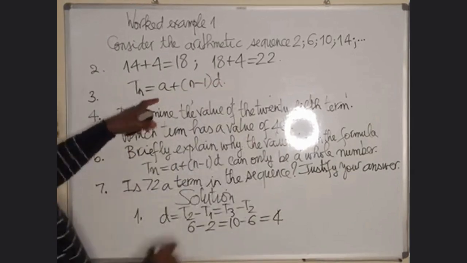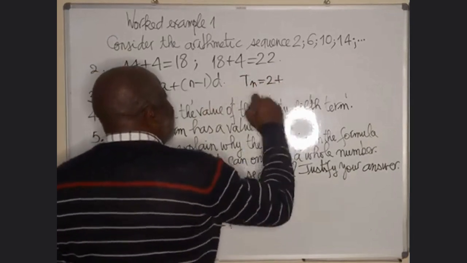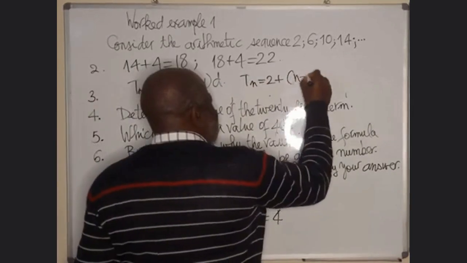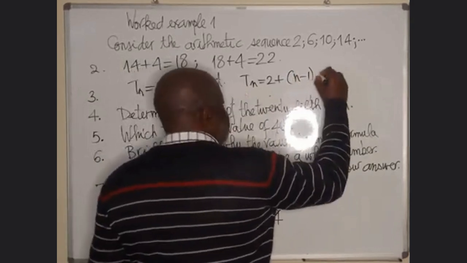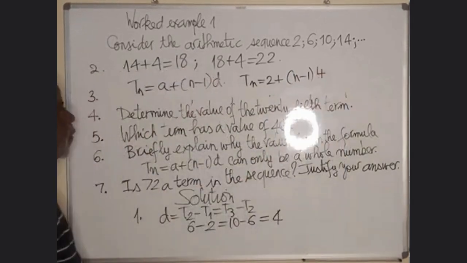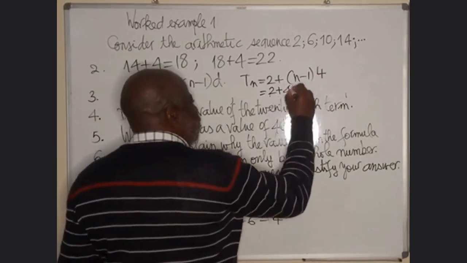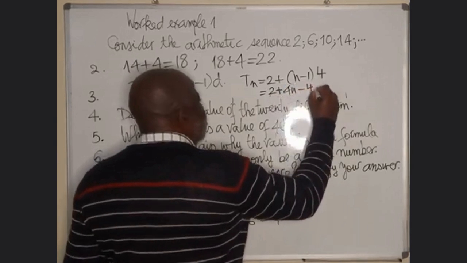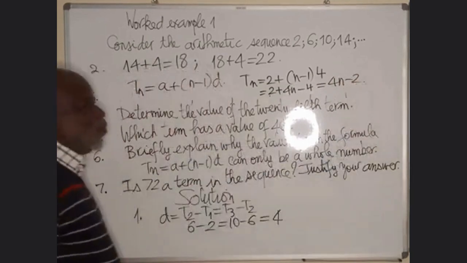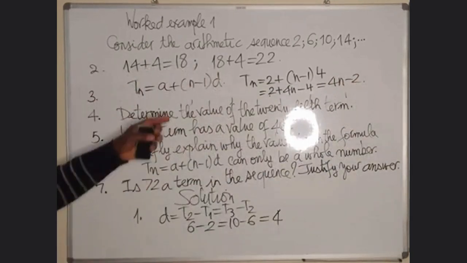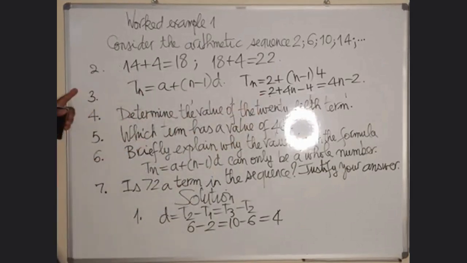Our first term a is 2, so Tn is equal to 2 plus (n minus 1), and the common difference is 4. Calculating our Tn, we have 2 plus 4n minus 4. This will be equal to 4n minus 2. This is our general term, and that's the answer for question 3.